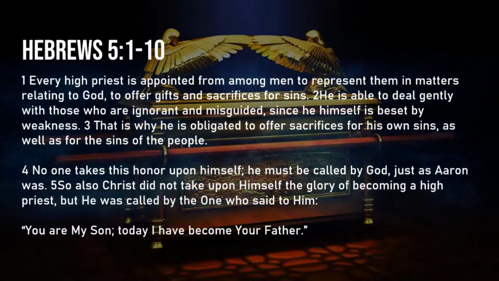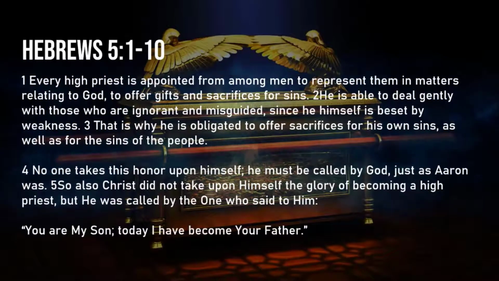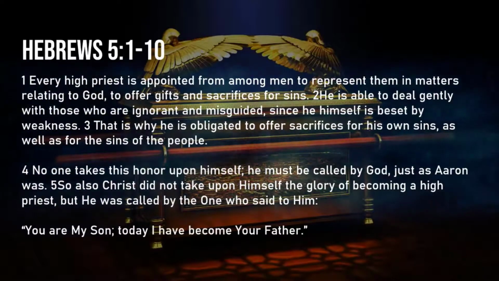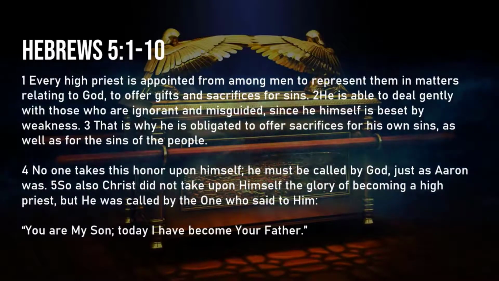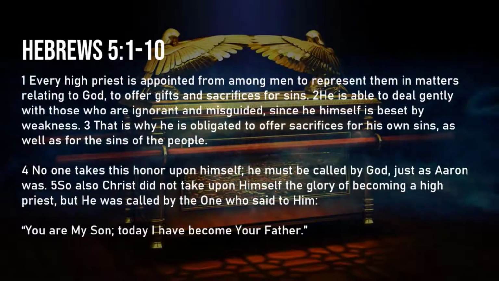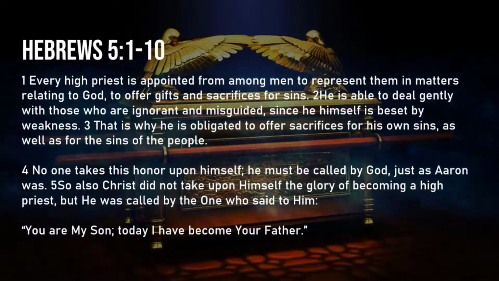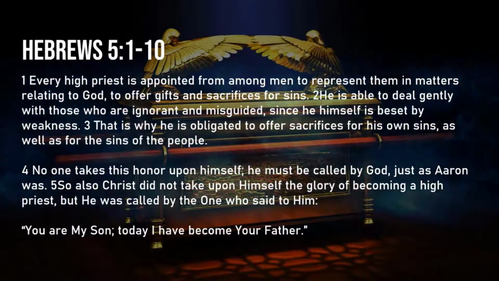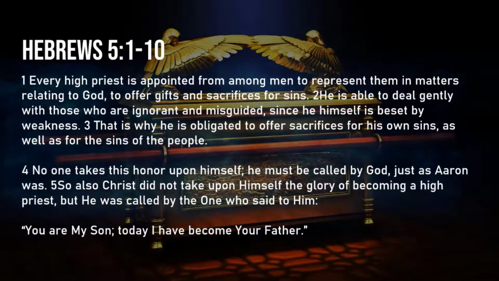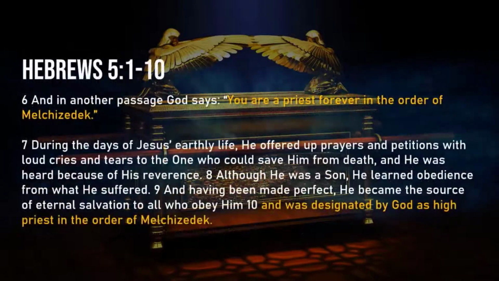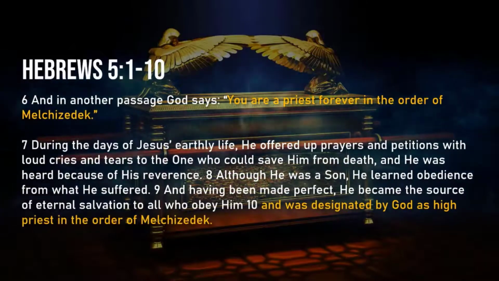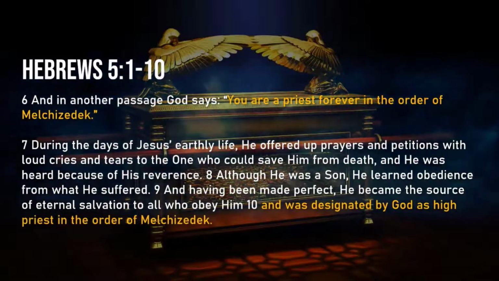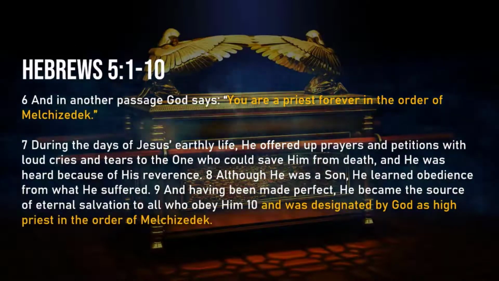And if we look at the book of Leviticus, the first word of Leviticus is Vayikra, which means "and he called." So that means "and he called the priesthood." Here we can see Christ was also one who was called. And we're reading this in Hebrews. It goes on and says, "And in another passage, God says, 'You are a priest forever in the order of Melchizedek.'"